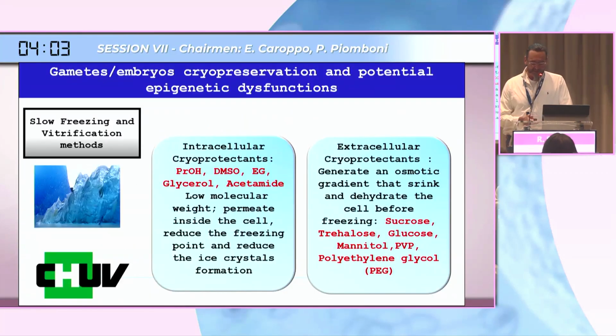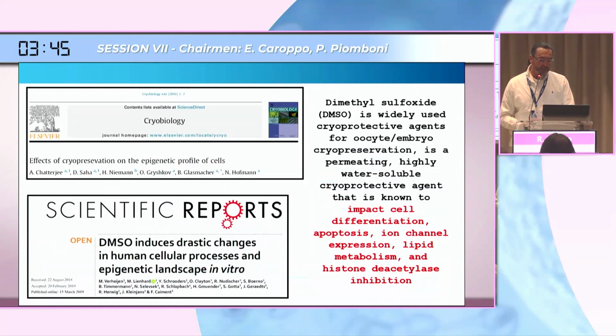So some of the cryoprotectants we use, like PRH and DMSO, are intracellular, so they go into the cell to avoid damage during cryopreservation. And unfortunately, DMSO, dimethyl sulfoxide, is considered to have a high impact on embryo development, but also on cell differentiation, apoptosis, metabolism, lipid metabolism, and acetylation.